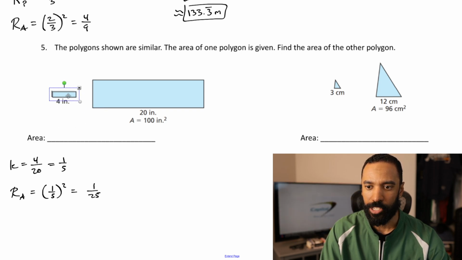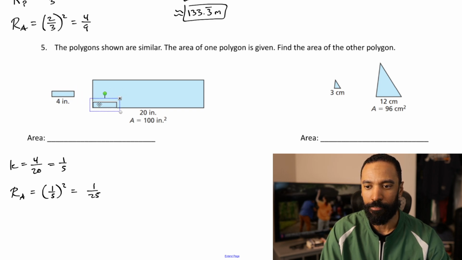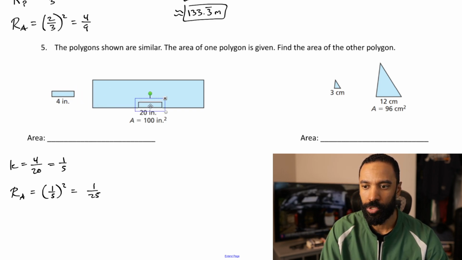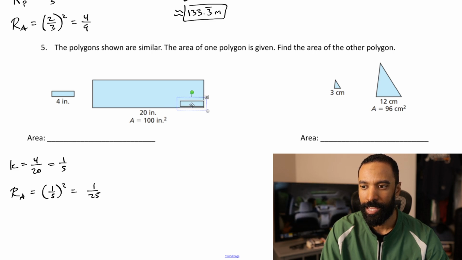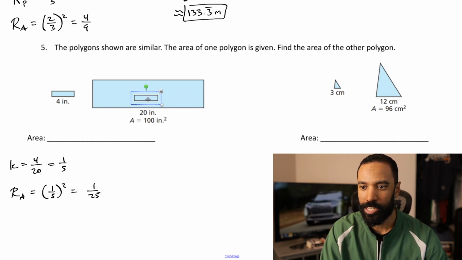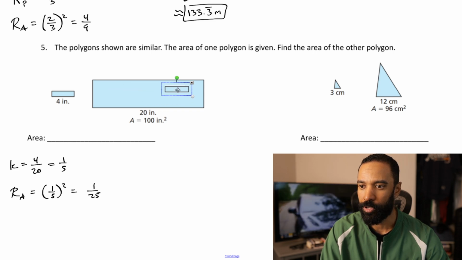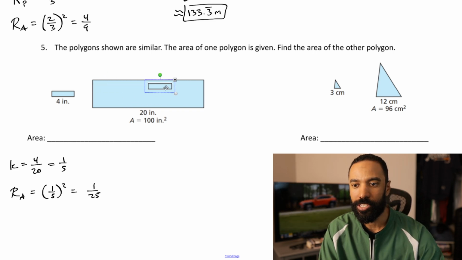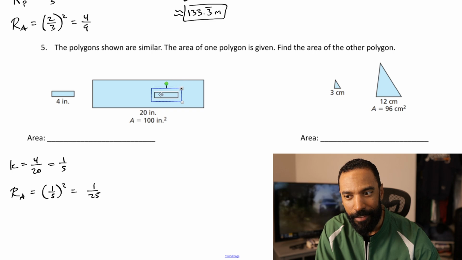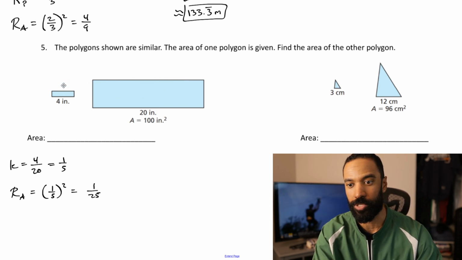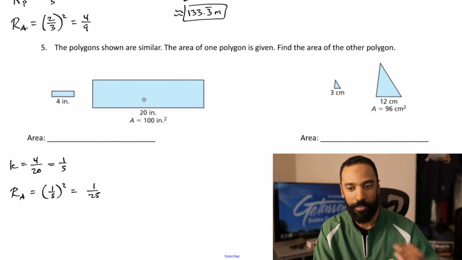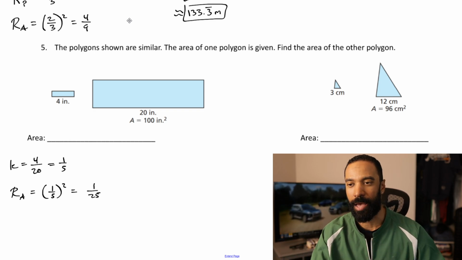But what we're really asking ourselves right now is how many of these items can fit inside here? Look, 1, 2, 3, 4, 5. And then you got to go another thing up here. 6, 7, 8, 9, 10, 11, 12, 13, 14, 15, 16, 17, 18, 19, 20. The point is it goes 2 dimensions. You can fit 25 of these inside one of those, not just 5 of them, right? You can fit 25 of them. So that's why that happens.